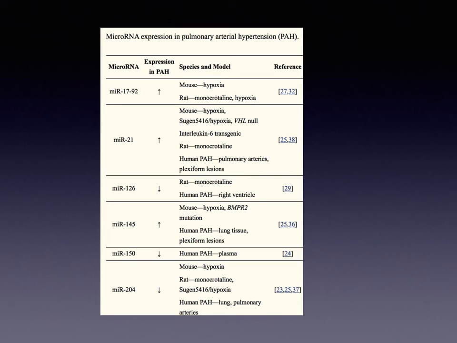Now to talk a little bit about DNA damage in pulmonary hypertension and the DNA damage response. There's been evidence of DNA damage and somatic genetic abnormalities in pulmonary vascular cells isolated from patients with PAH, pulmonary arterial hypertension.